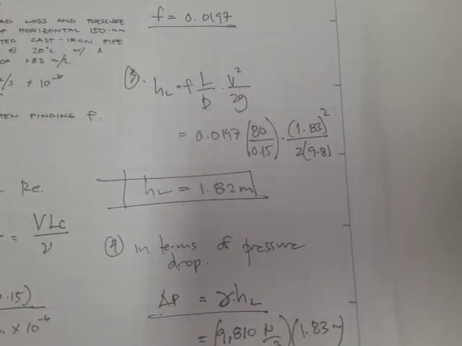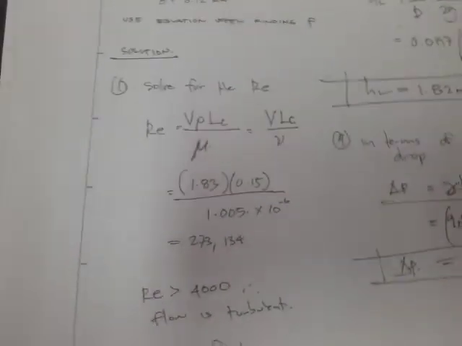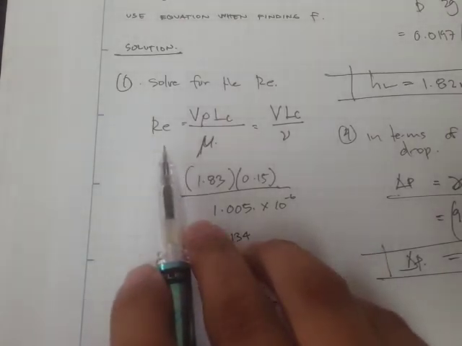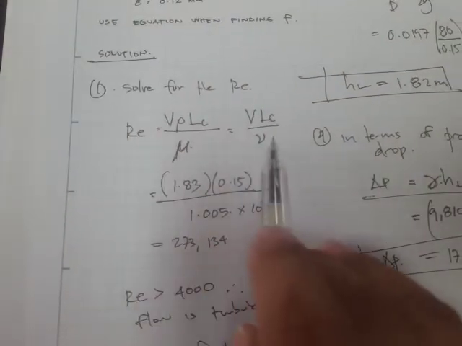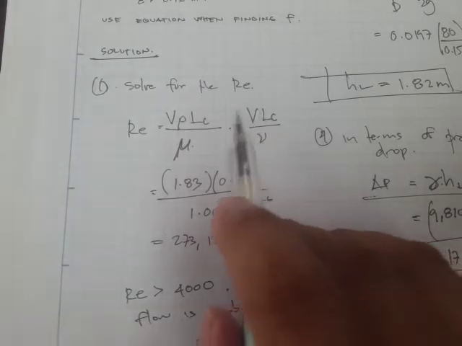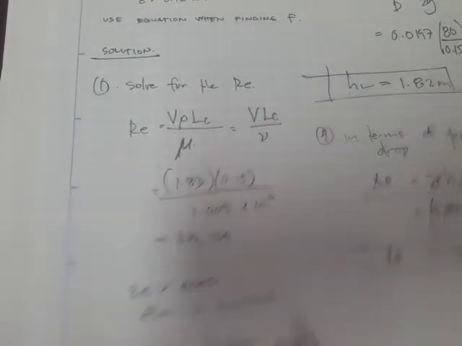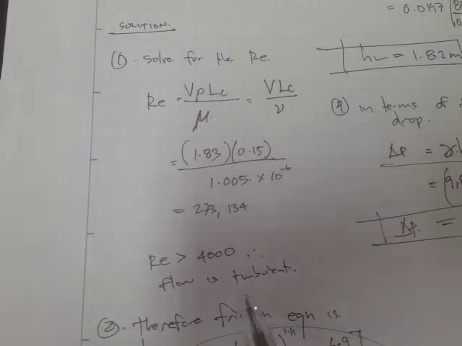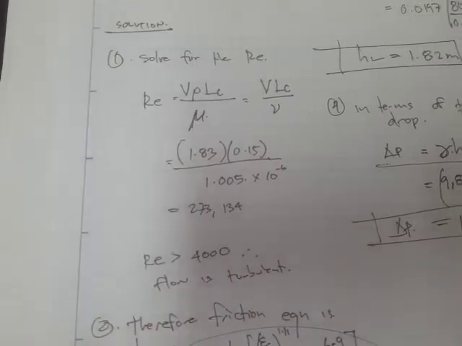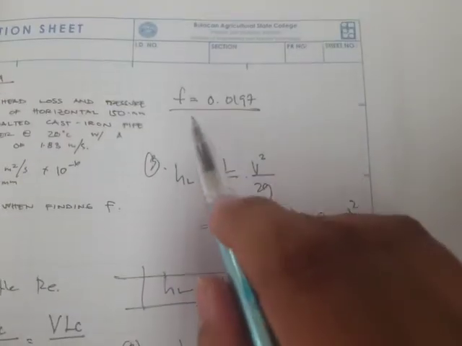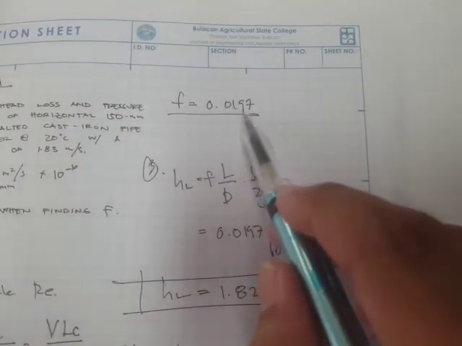Okay, so just a recap on what we did. The first step is to solve for the Reynolds number and to determine if the flow is laminar or turbulent. Once you know the condition of the flow, then you can apply the appropriate friction equation. We use this modified Colebrook equation if the flow is turbulent, and we have solved that F is equal to 0.0197.